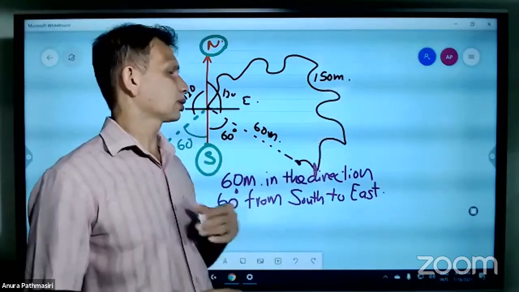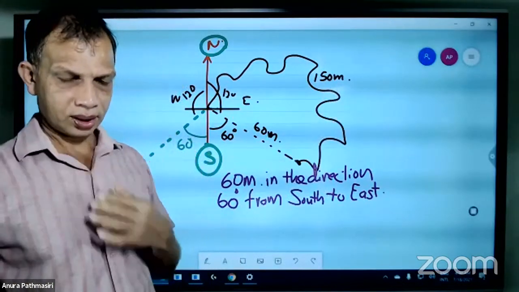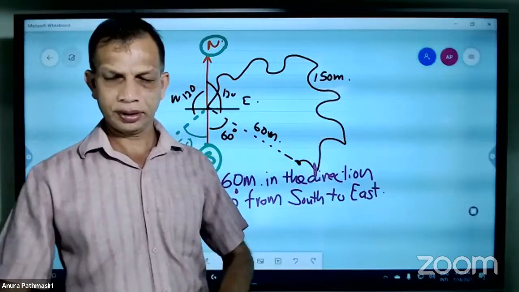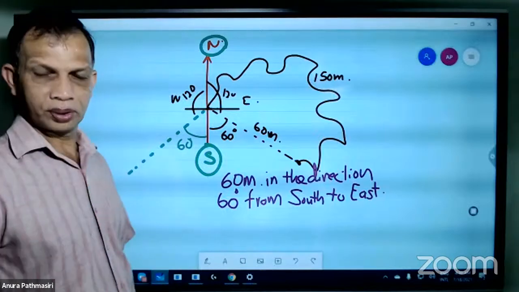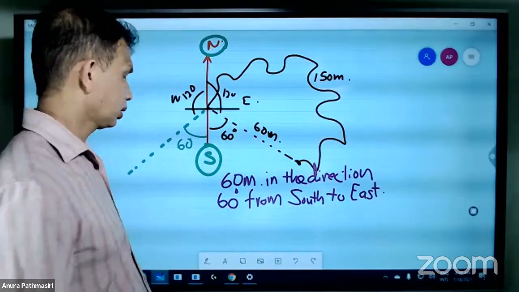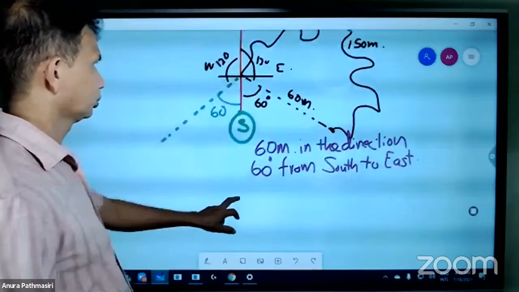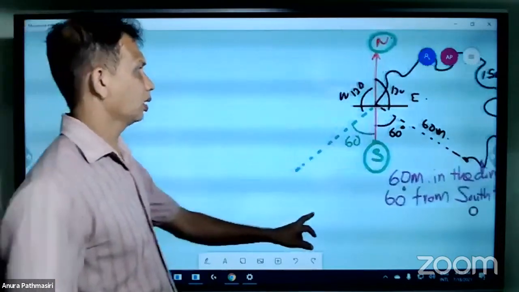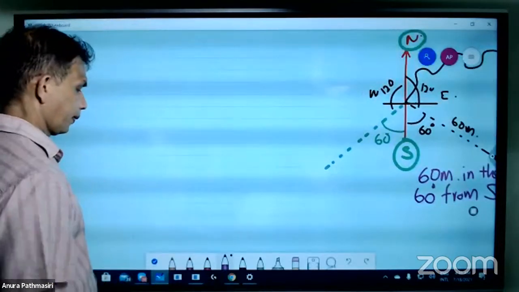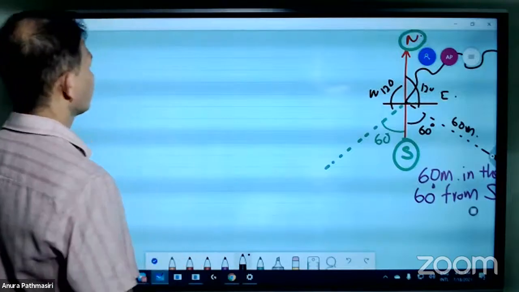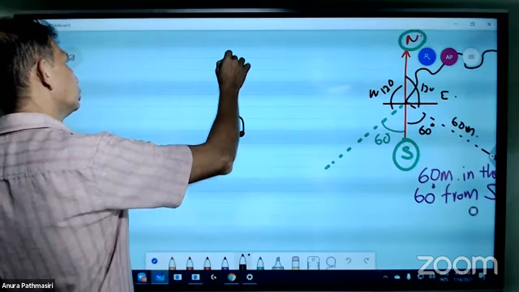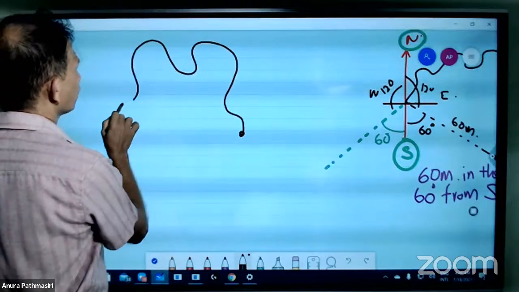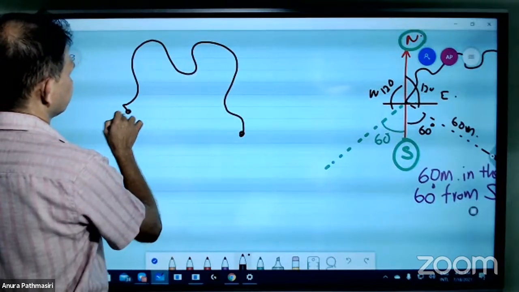From south to east. So I'll come to the question before that. Let's consider another occasion, because these are the areas where we get confused. Here is another one. This is the initial position for some object, and it starts going, going, and then stops over here.